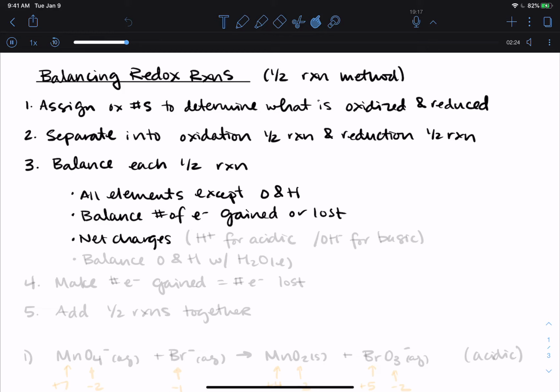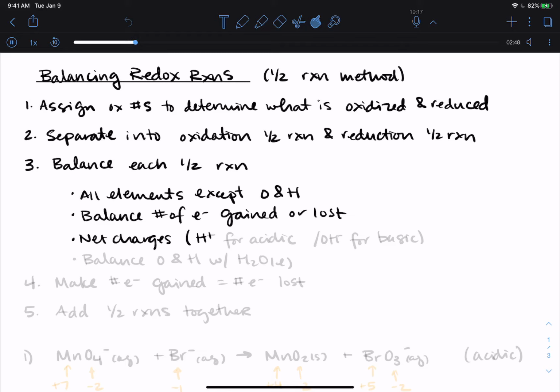And you'll need some extra information in order to do this. You'll need to know if the redox reaction is happening in an acidic solution or in a basic solution. In a lot of places, this will be explicitly marked for you, but there may be some cases where you need to take a look at the components of the reaction and determine that for yourself.